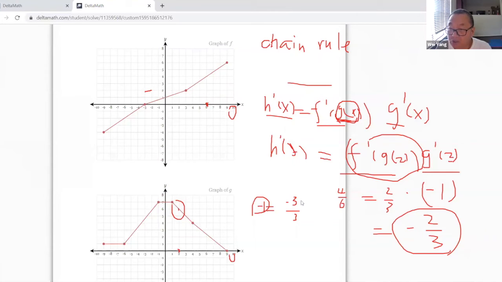We get the slope of this line equals 2/3. This gives us the derivative of f at x equals 6 on the graph of f. So 2/3 times -1 gives us the derivative of h at 2, which equals -2/3.